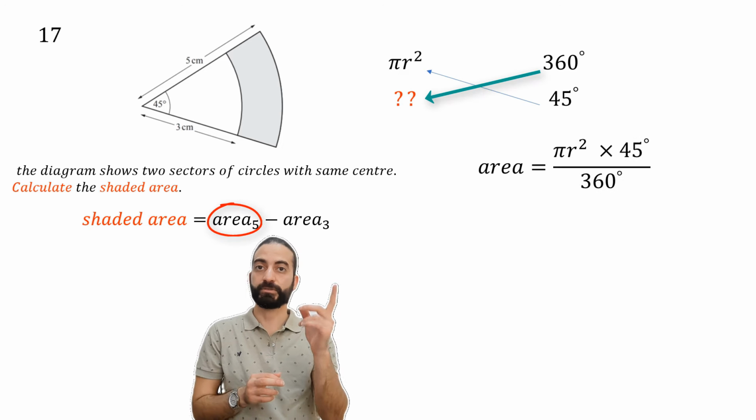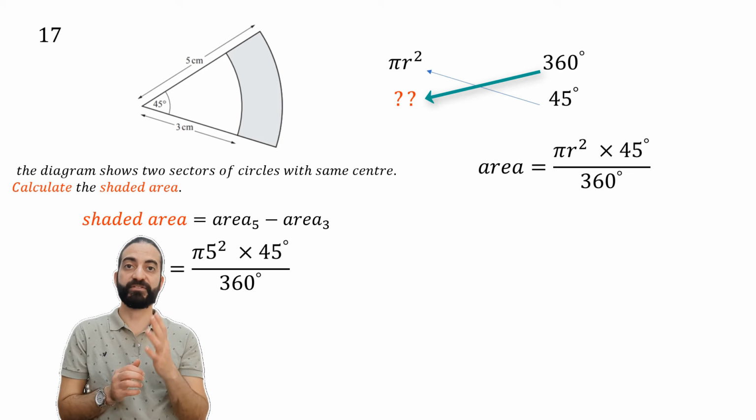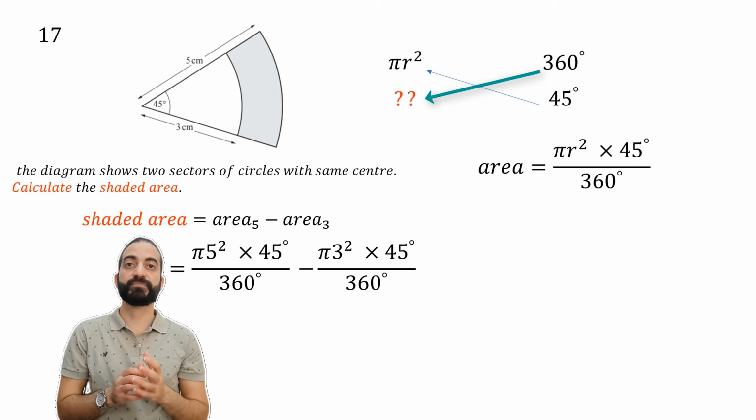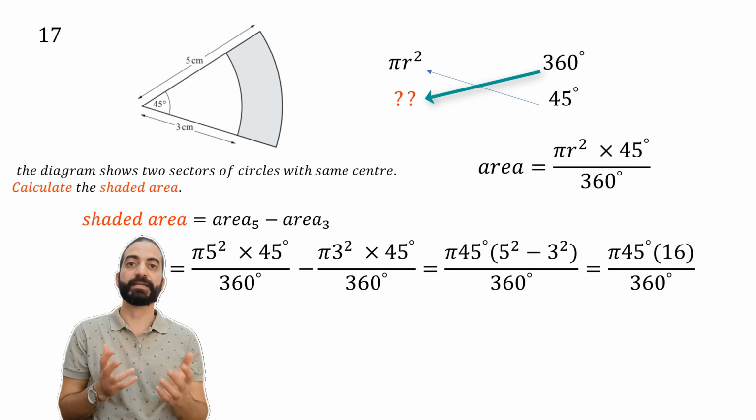Here we want the area when the radius is 5, so we put 5 centimeters in place of r. And here we also want the area when the radius is 3, so we put 3 centimeters in place of r. And in this way, we have obtained the shaded area.